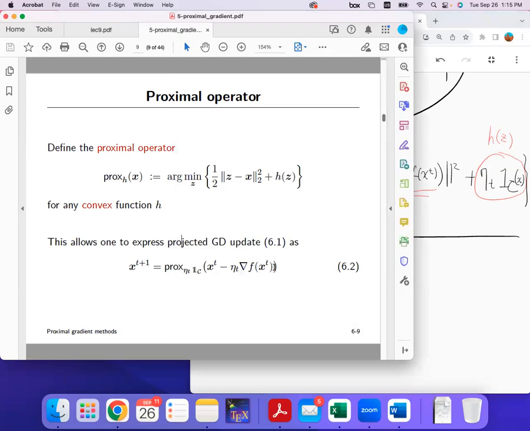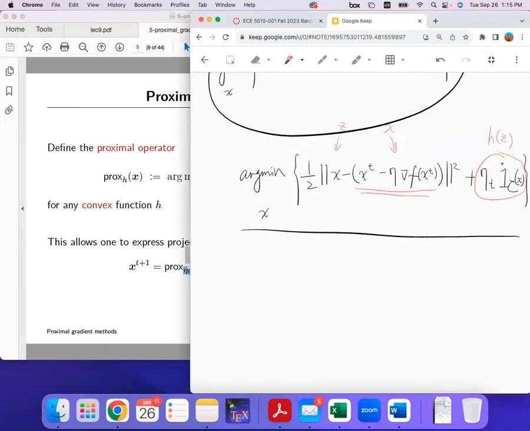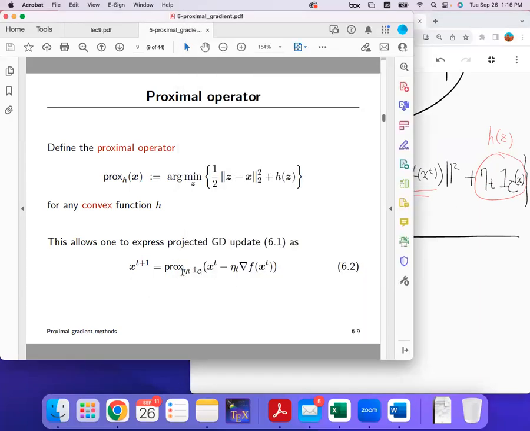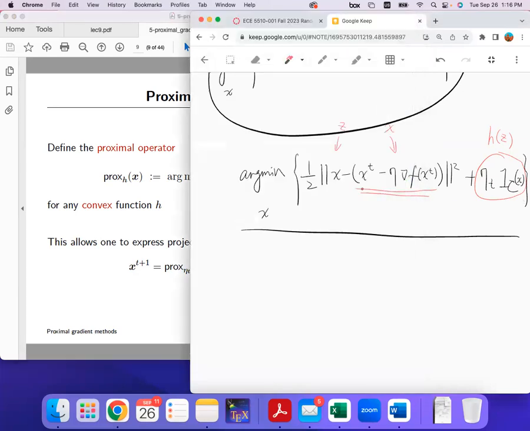this projected gradient descent update in the form. It's basically the proximal operator associated with this indicator function, eta times the indicator function is what is our h, evaluated at this point, and this is the point to be evaluated.